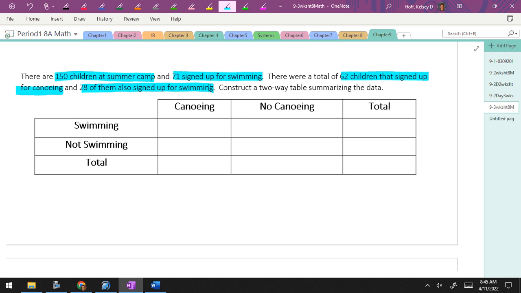Now be careful. If they only tell you about one thing, you don't necessarily know about the other. Don't pick a yes or no for the other one.